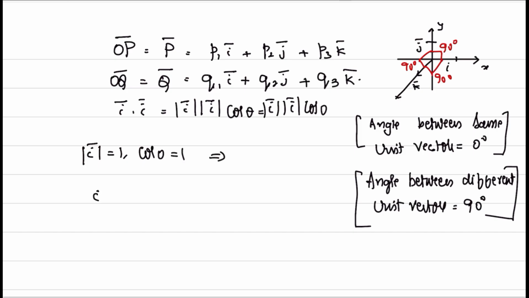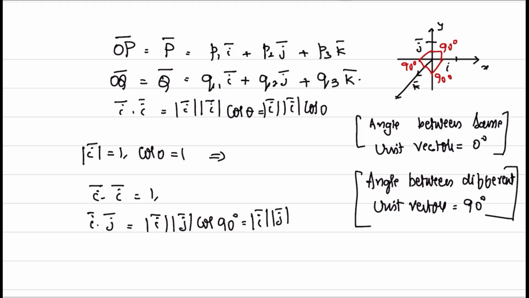That implies I bar dot I bar is equal to 1. I bar dot j bar is equal to modulus of I bar into modulus of j bar into cos 90, because the angle is 90 degrees. Cos 90 is 0, so that is equal to 0.